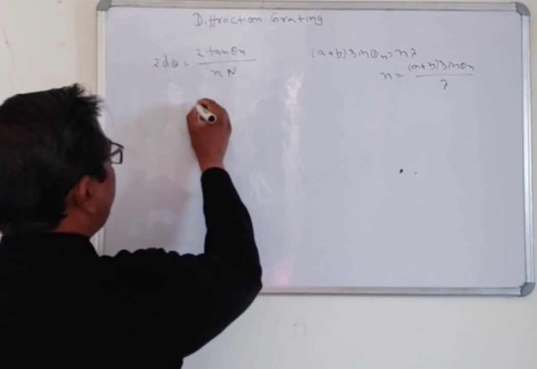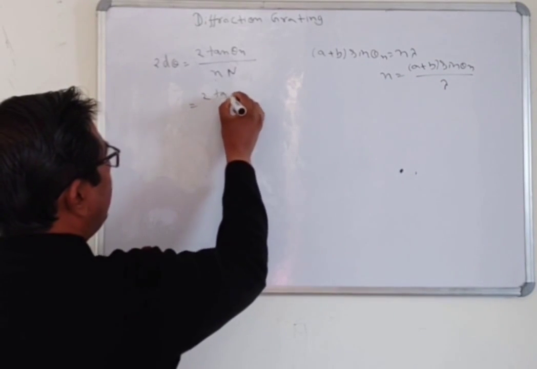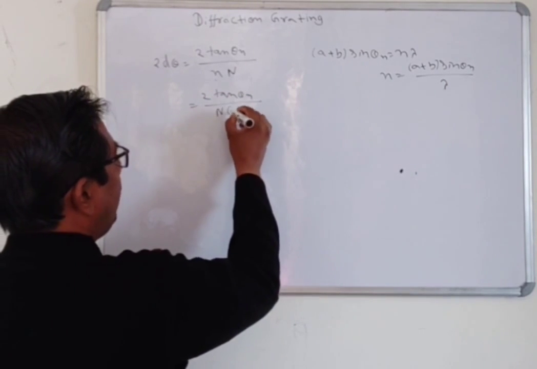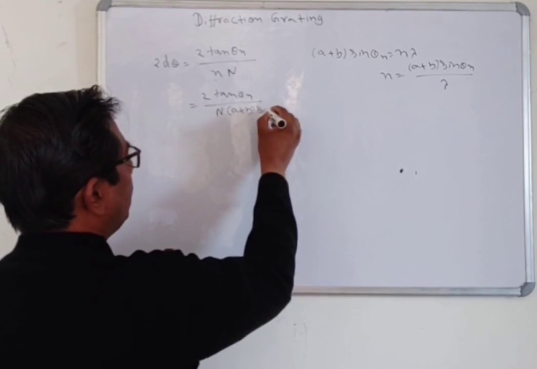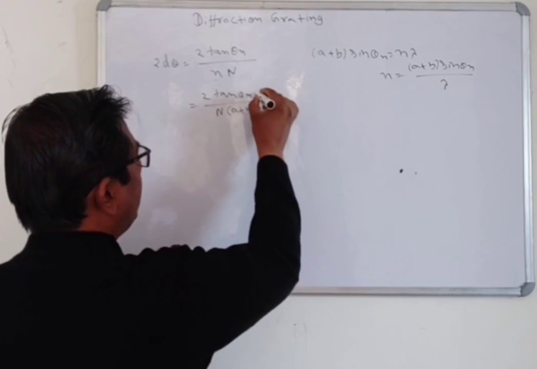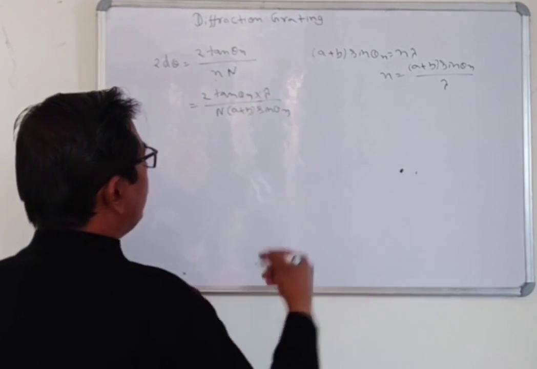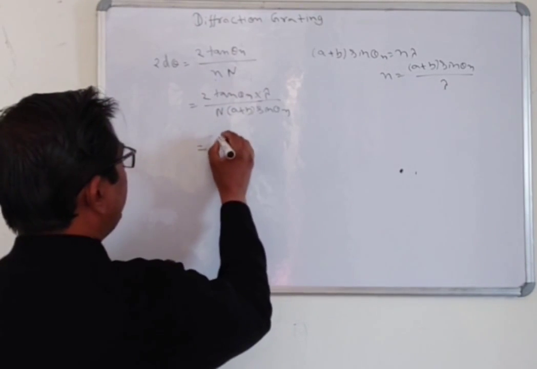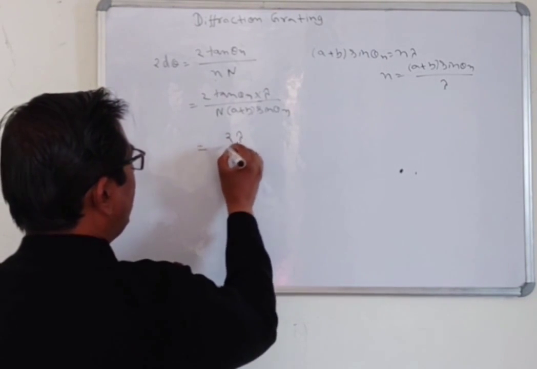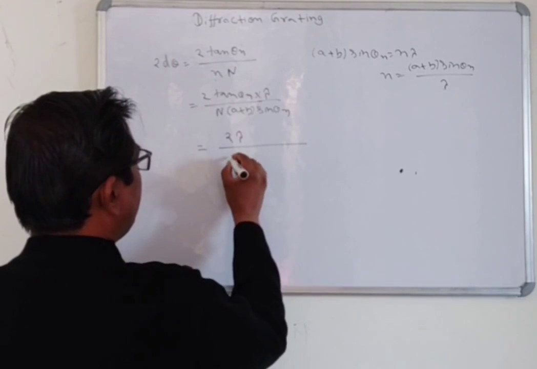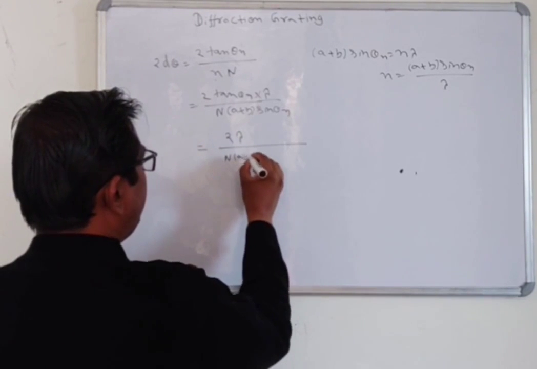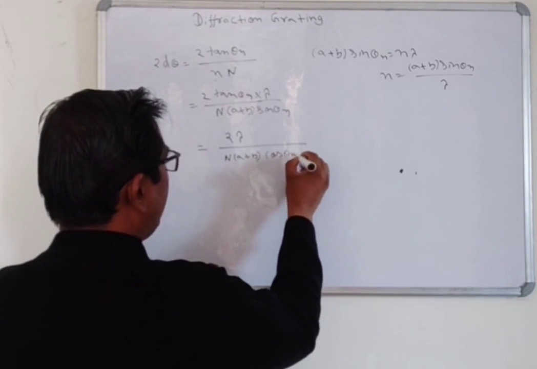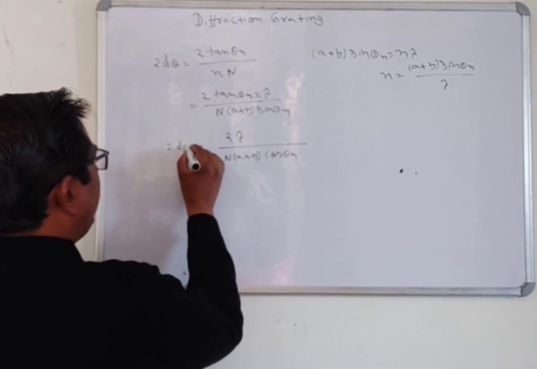We can put the value here, you will get tan θn = n / (N(a + b) sin θn / λ). Now you can solve this relation, you will get the answer 2λ divided by N(a + b) cos θn. All of you know very well.